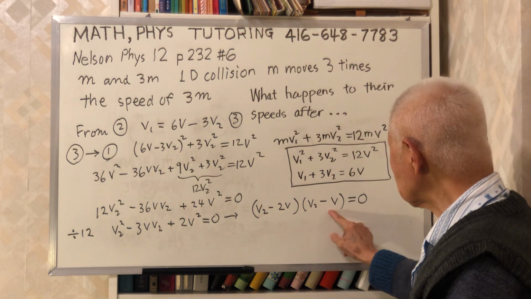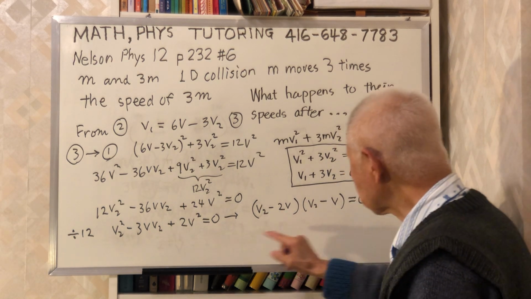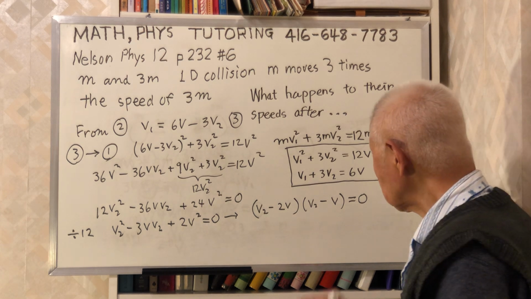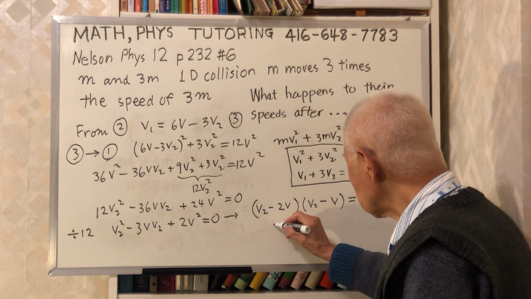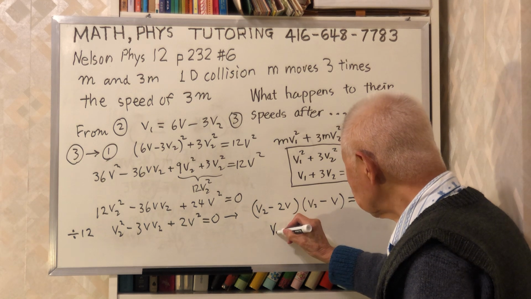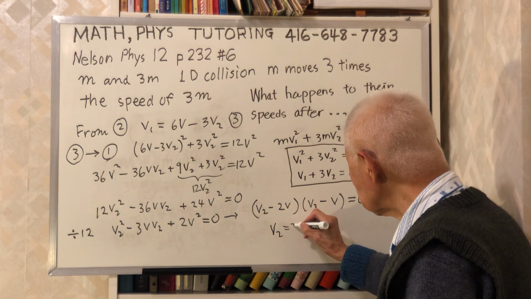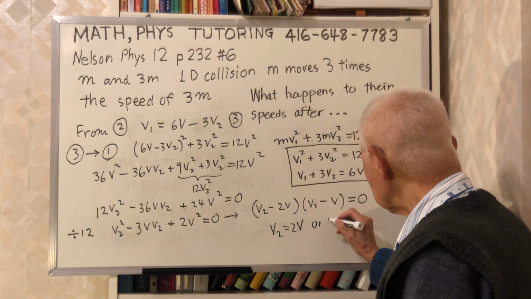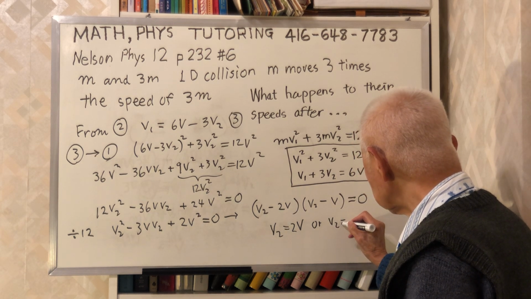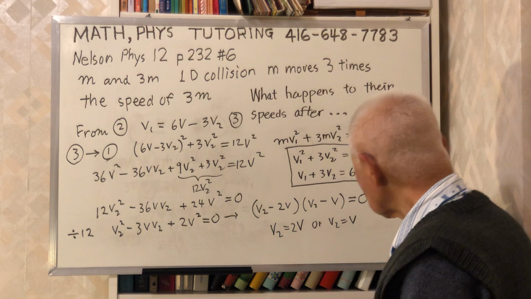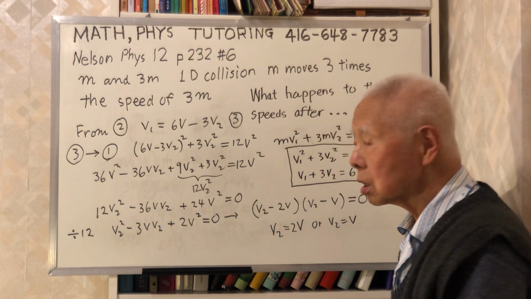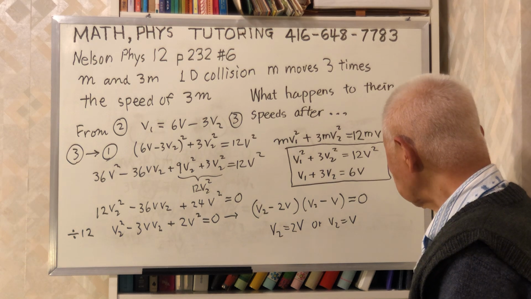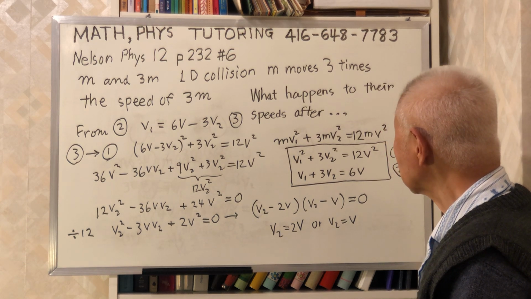This times that is 2v squared. So this is my result of factoring, which means v2 equals 2v or v2 equals v. So I have two answers. v2 is 2v or v2 is just v.